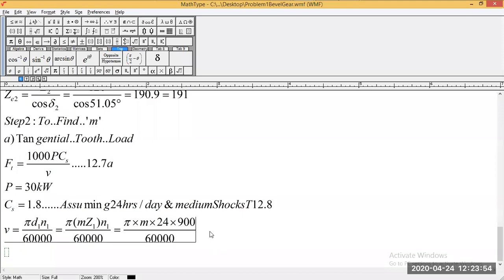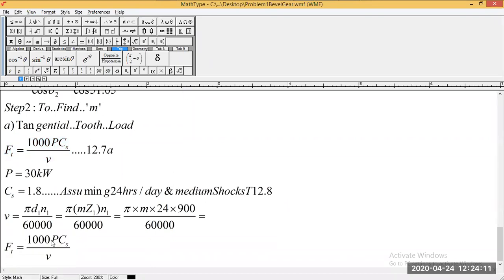So to simplify this, we can then use it in the equation for Ft. Now our Ft is, to simplify this, post it in the group chat. Power P is 30 kilowatts into Cs is 1.8, and what is V in terms of m?